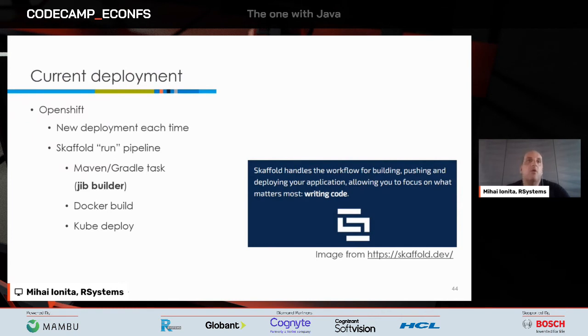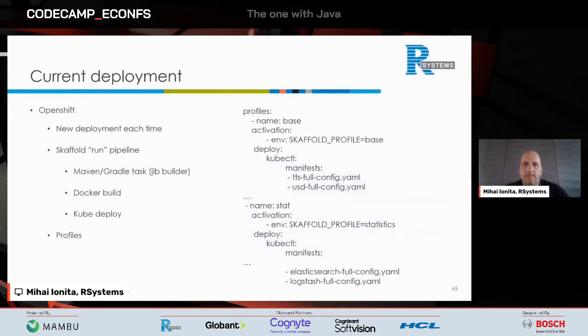For the Java compilation specifically, since we are talking Java here, there is the Jib builder, see the bolded line. And this takes care of either Maven or Gradle. The rest, like the Docker build and the Kubernetes deployment, are native Skaffold operations, meaning they are available by default. You don't have to do anything special.